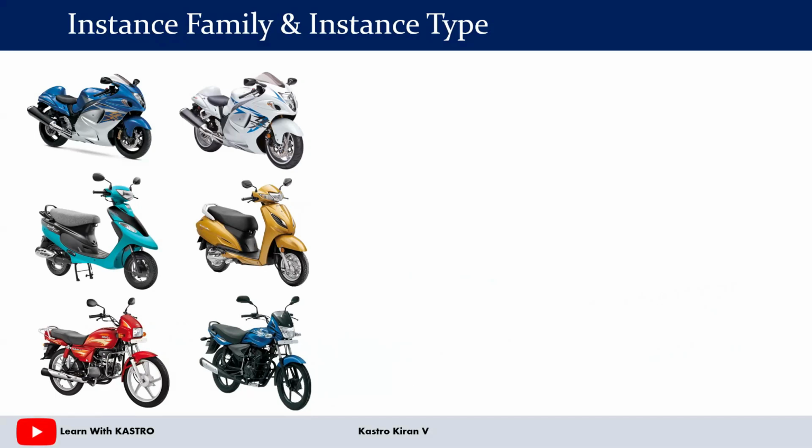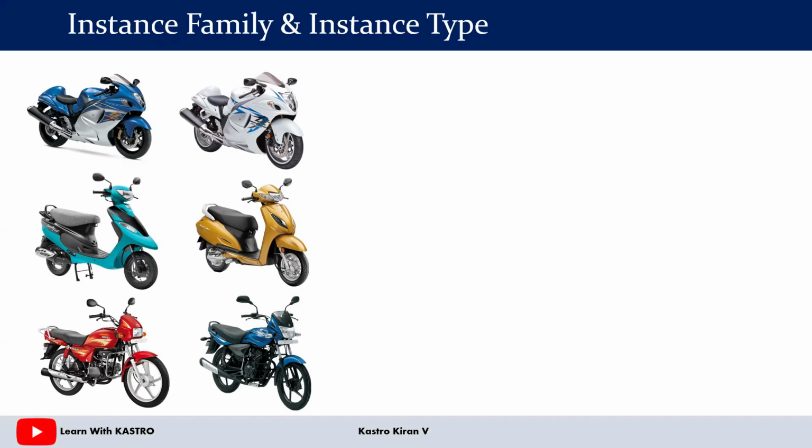Similarly, assume that all these bikes are your EC2 instances. So in instances also, we have different types of instances. Let's say the first two bikes, the racing bikes, I'm going to call them a specific type of instance. The next two bikes, such as the Scooty and Activa, I'm going to call them one more type of instance. The next two bikes, I'm going to call them another type of instance.